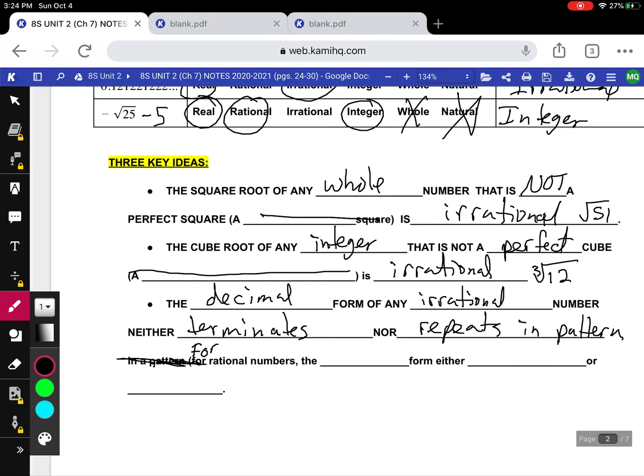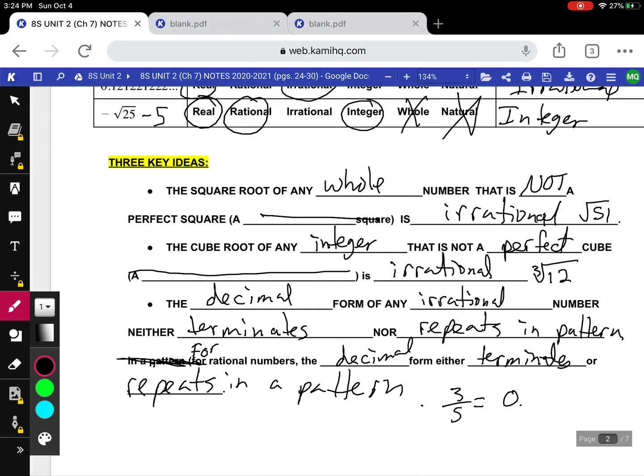For rational numbers, the decimal form either terminates or repeats in a pattern. Okay, so we can have things like 3/5, that's going to be 0.6, or we can have 2/3, which is what, 0.6 repeating. Those would both be rational numbers.